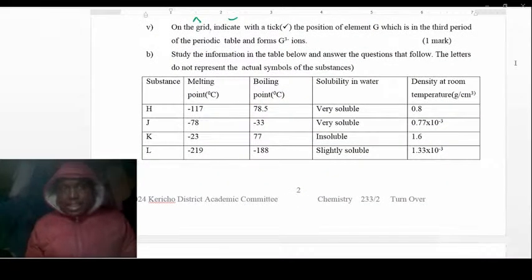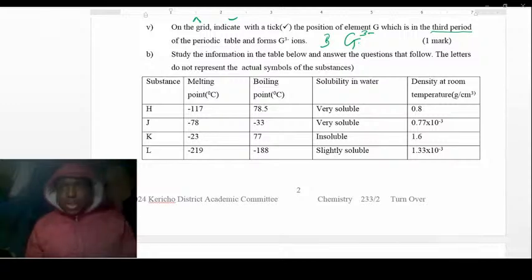On the grid, indicate with a tick the position of element G, which is in the third period of the table, and whose ion G has a charge of negative 3. So the charge is negative 3 and it is in period 3.